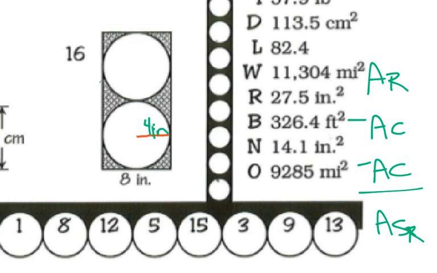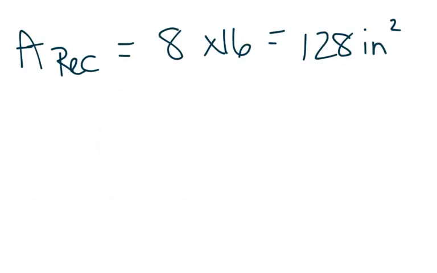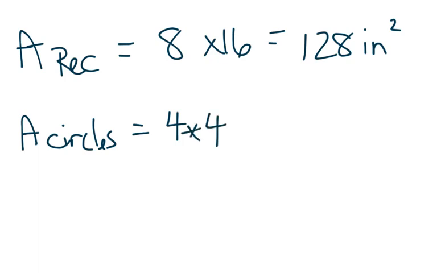So we do know what we need to know. We know that the radius of one of the circles is 4 inches, and the other circle is also 4 inches. So the area of a circle is 4 times 4 times pi, and again we're going to use 3.14.